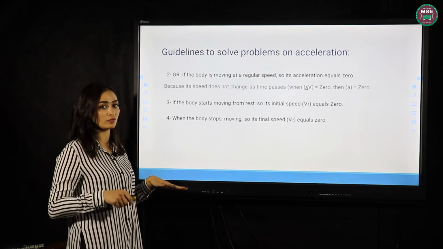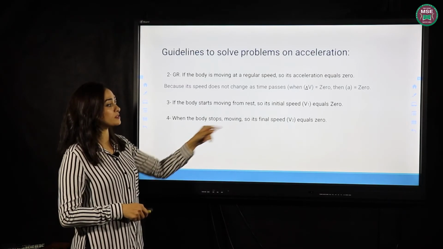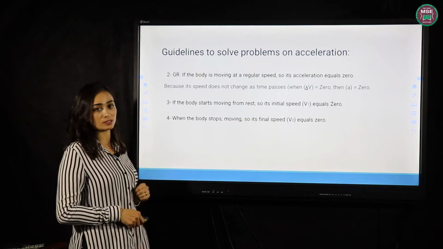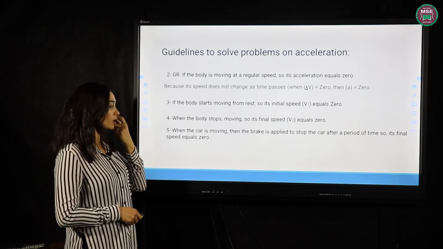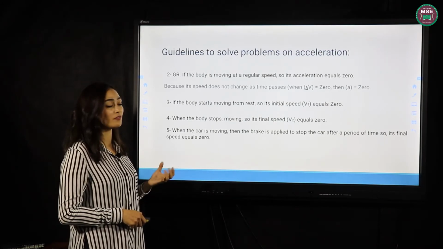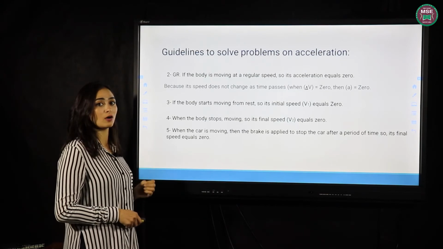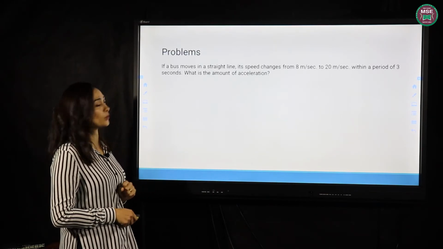When the body is moving and then stops, its final speed equals 0. Also, when the car is moving and the brake is applied to stop the car, the final speed equals 0. These guidelines are very important to solve any problem.